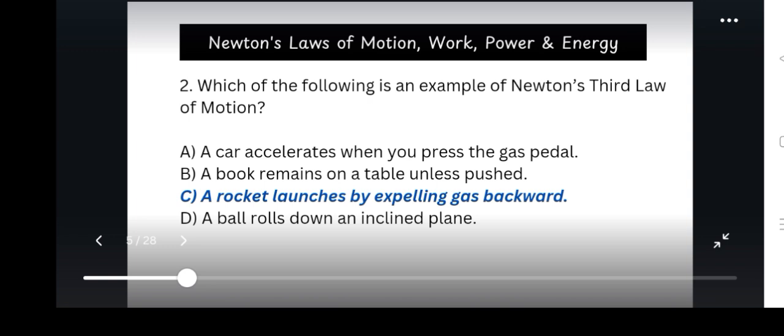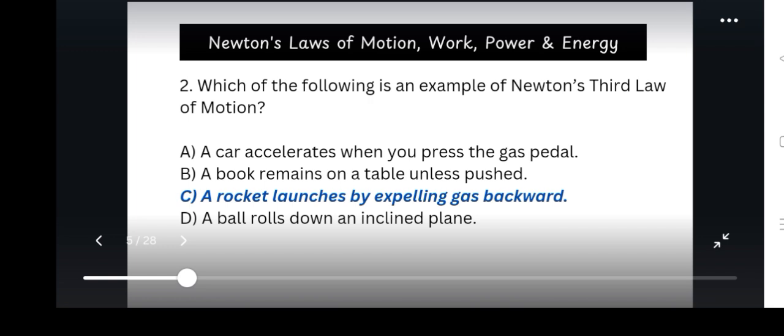Letter C is the one that talks about Newton's third law of motion, also known as the law of interaction. For every action, there is an equal but opposite reaction. So as a rocket launches, it is launching forward due to the gas that was expelled from it backward.